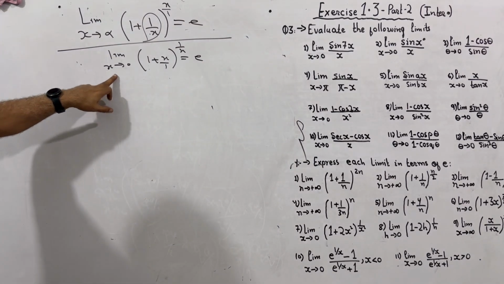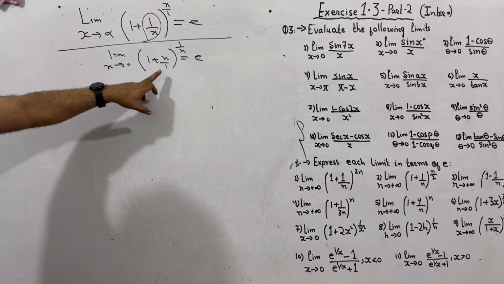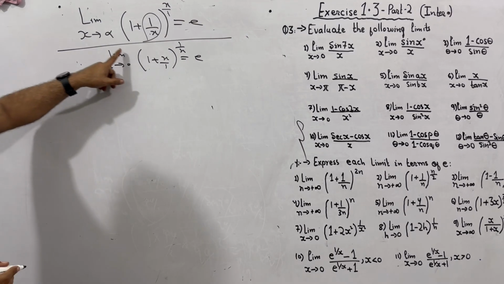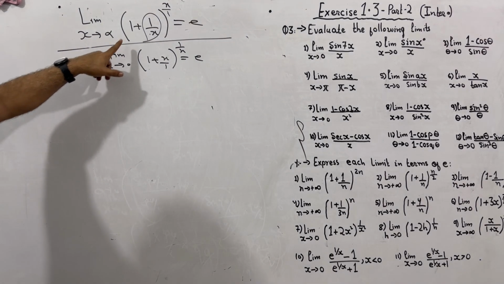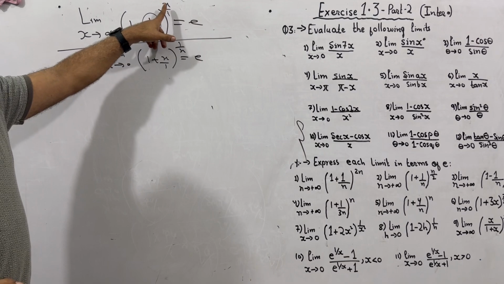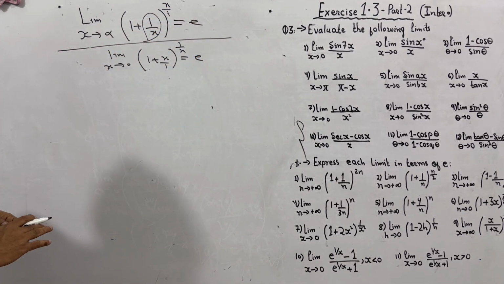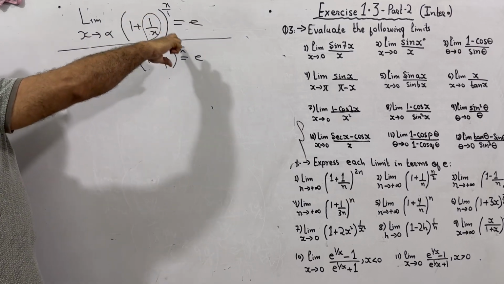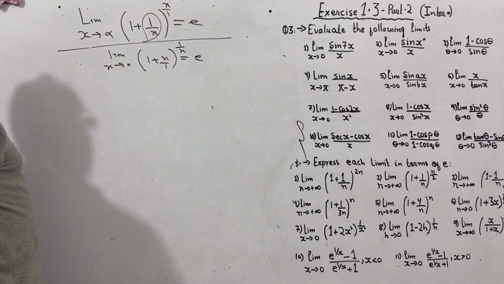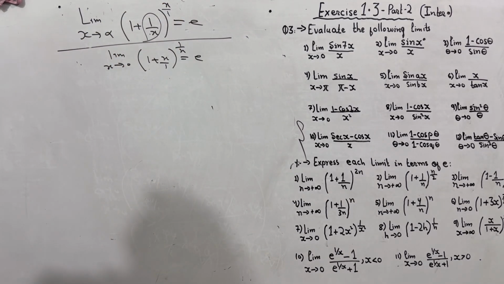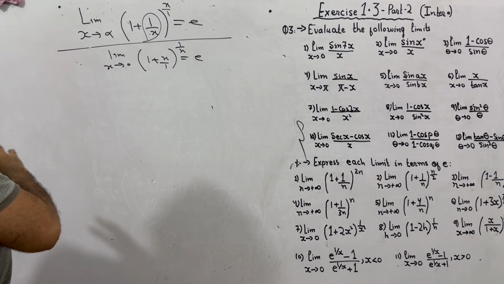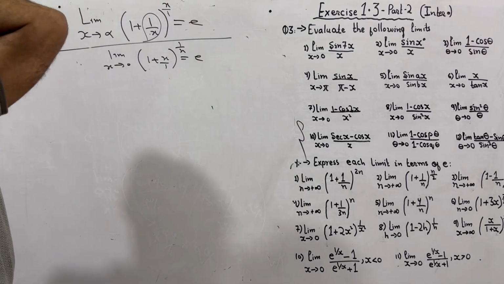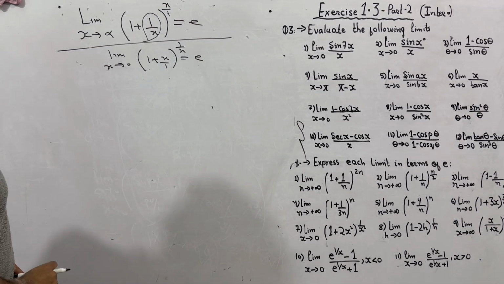That is the form for 0: limit x tends to 0, 1 plus x raised to 1 over x is equal to e. And in case of infinity, limit x tends to infinity, 1 plus 1 over x raised to x is equal to e. It's sure that in case of 0 or infinity, the overall power is a variable. These are the forms of e, direct or indirect with little variation. They lead us to e, equal to 2.71828.